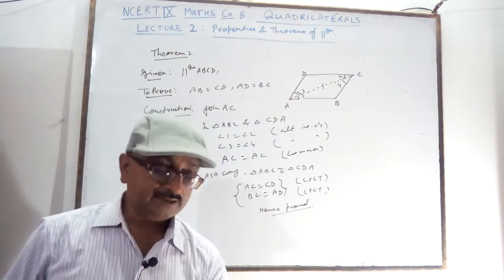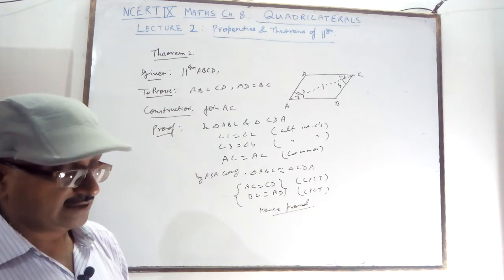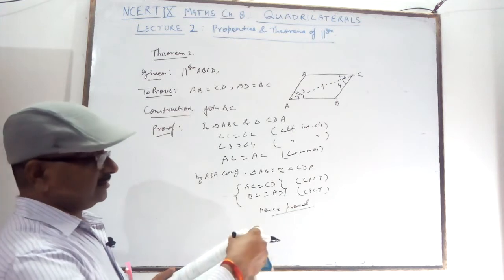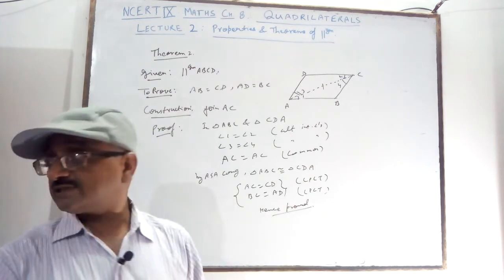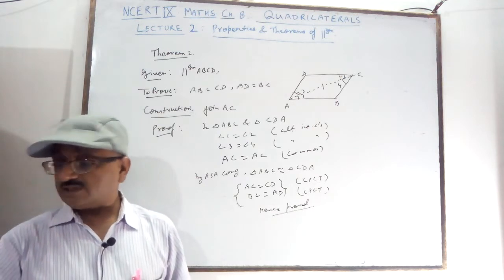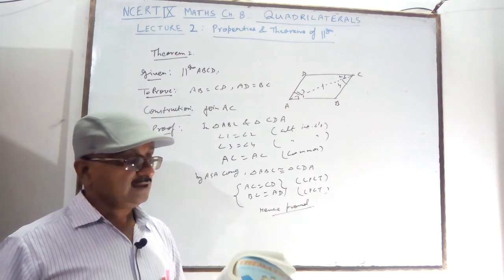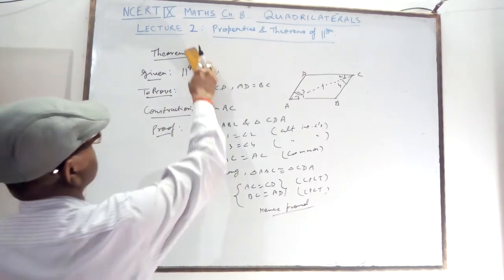Theorem number 3. Theorem number 3 is given 8.3. If each pair of opposite sides of a quadrilateral is equal, then it is a parallelogram. You want to prove theorem 3.